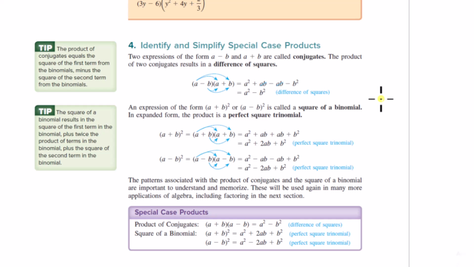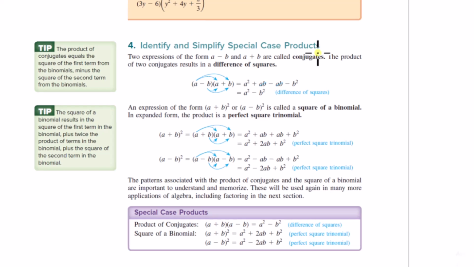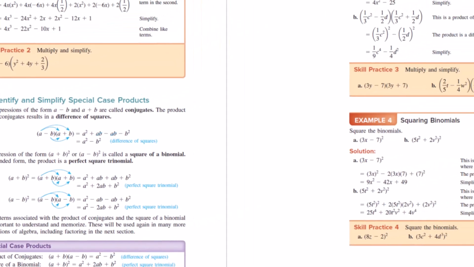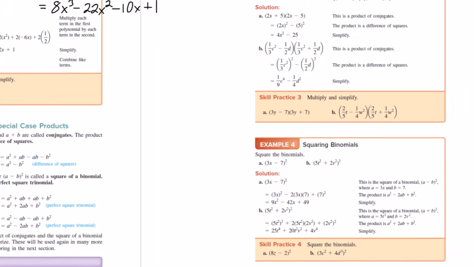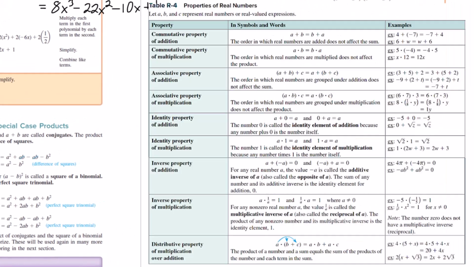Everything we're about to do here is all about the distributive property. We know that all of these fundamental properties of numbers, the real numbers and complex numbers, obey them.